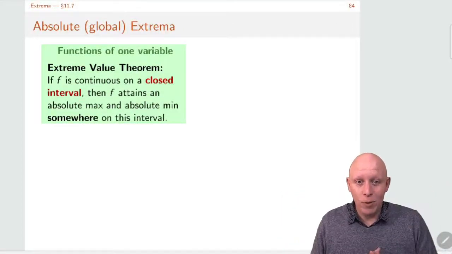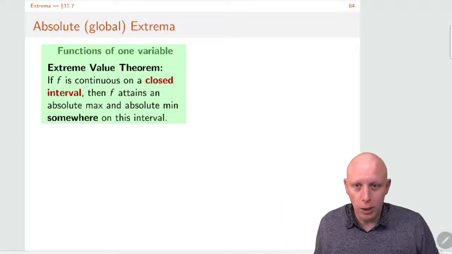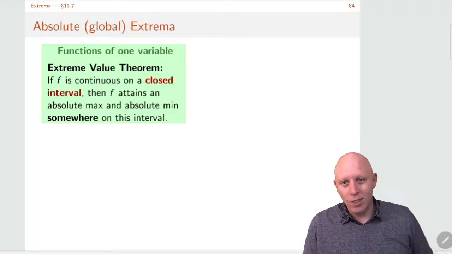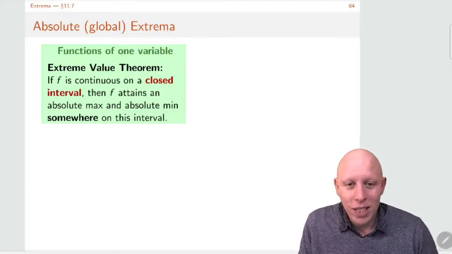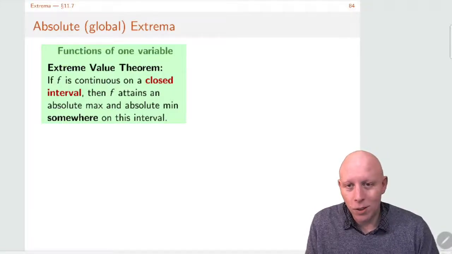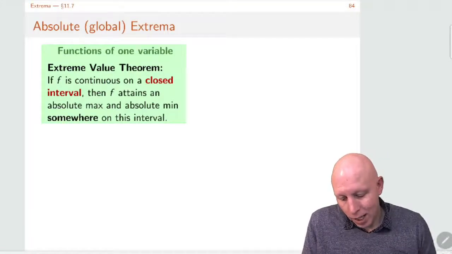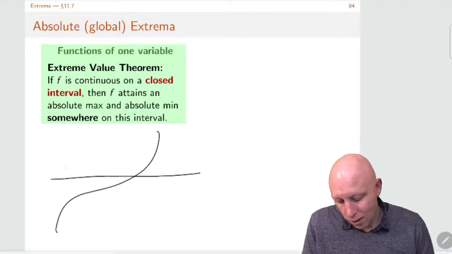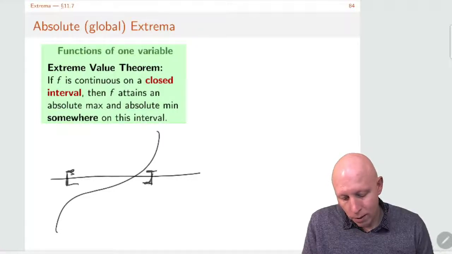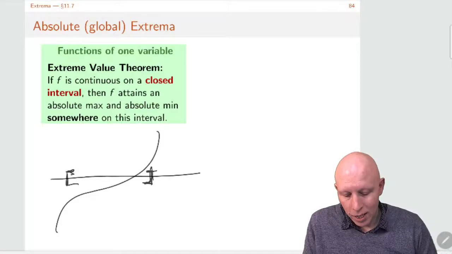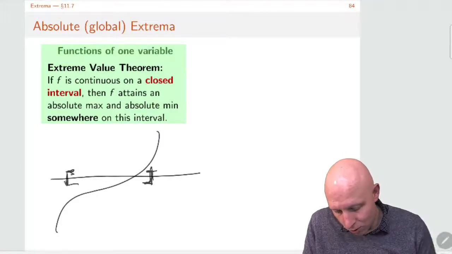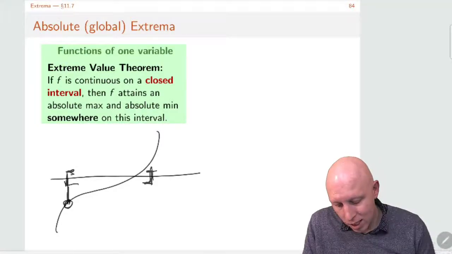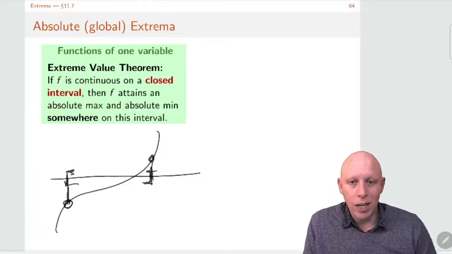Hey there, today we're going to talk about something extreme. It's the extreme value theorem. We've seen the extreme value theorem before as a function of one variable, and that says that if you have a function that's defined on some closed interval, then somewhere in this interval, the function attains its minimum, and somewhere in this interval, it attains its maximum.